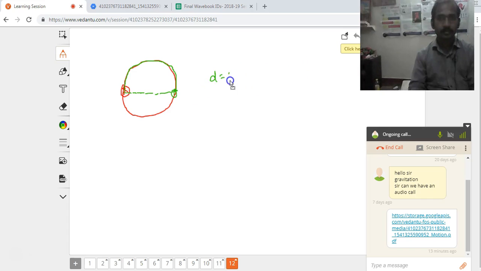Suppose this is given, this is 5, and it completes 1.5 revolutions. If one revolution is completed, it comes back here, the displacement is 0, and the remaining half revolution brings it to the opposite point. So it is the diameter itself. Yes, the diameter itself. Next question, please.